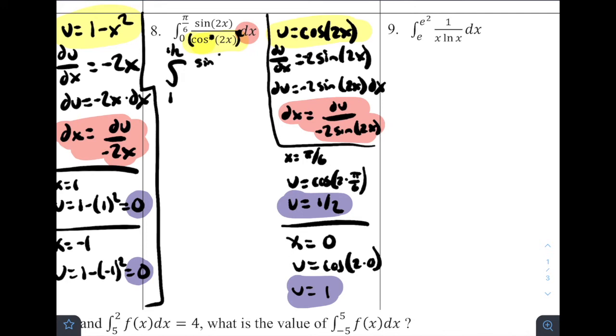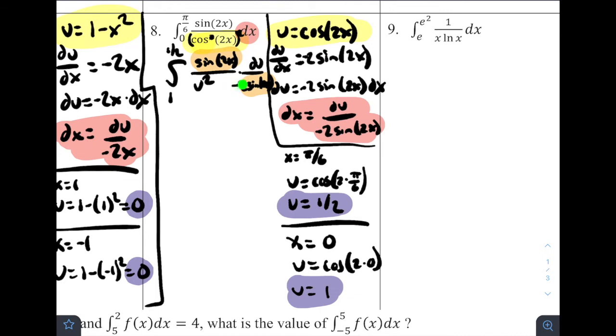We've got sine of 2x divided by u squared times du over negative 2 sine of 2x. Whew. So all of this is this right here. Maybe a little bit tough to see, sorry about that, but that came from right here. What do I notice? I notice immediately that sine of 2x and sine of 2x are going to cancel.